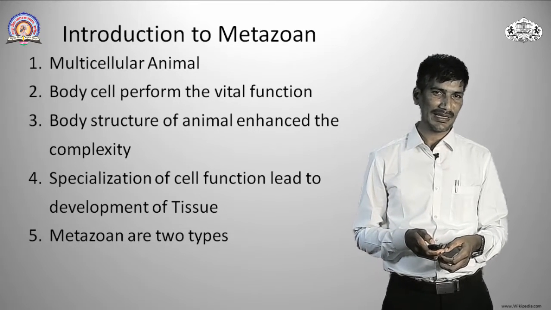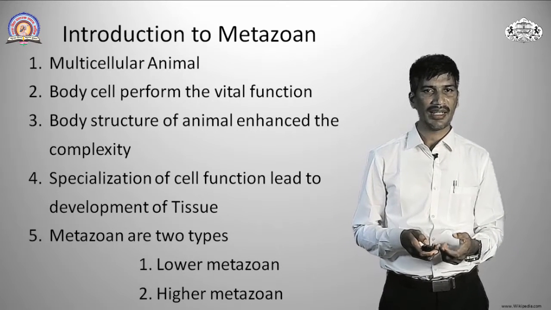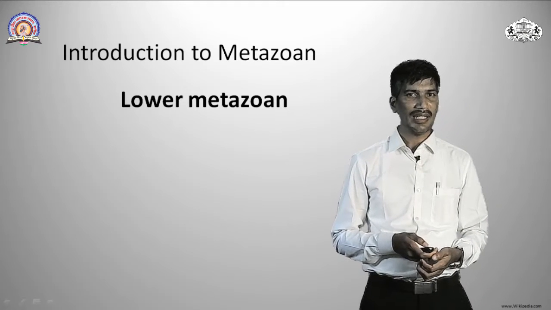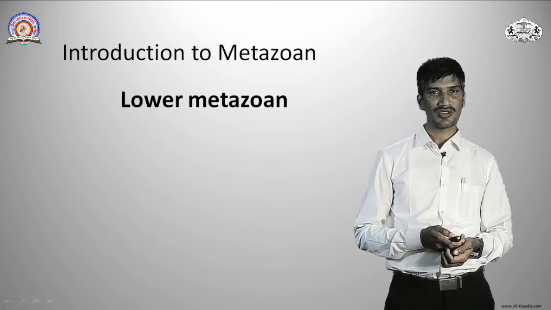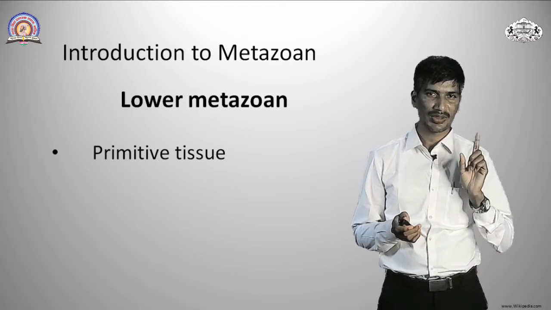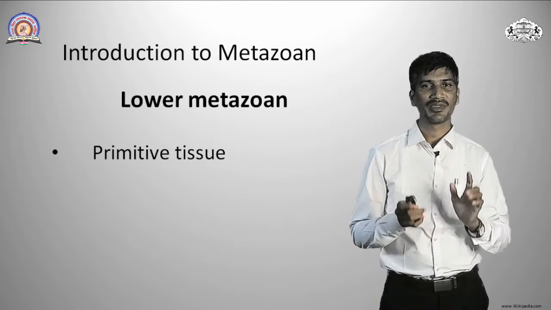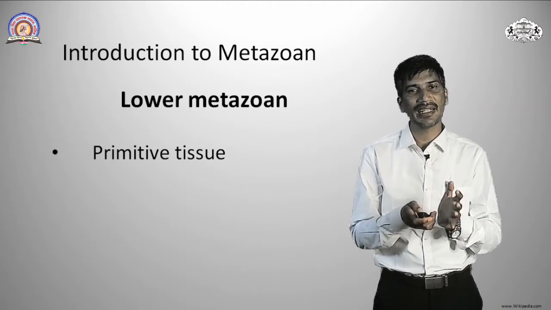Metazoan animals are basically of two types. The first one is the lower metazoan and the second is the higher metazoan. Which are the lower metazoans? What are the characteristic features of the lower metazoans? Basically, in these lower metazoan animals, the first characteristic feature is that the tissue structure of the body is very primitive.